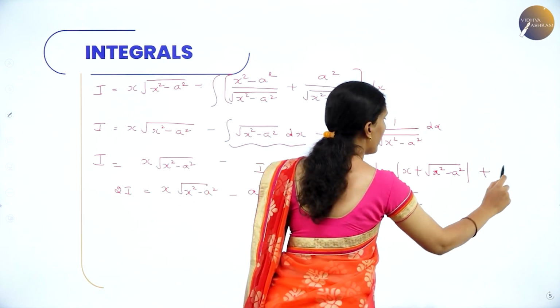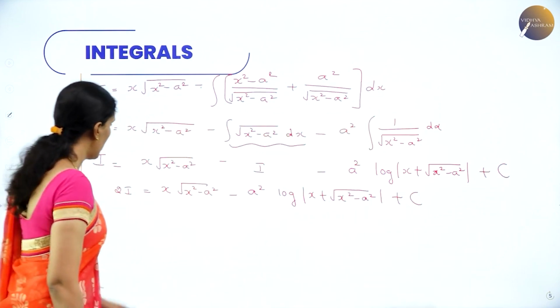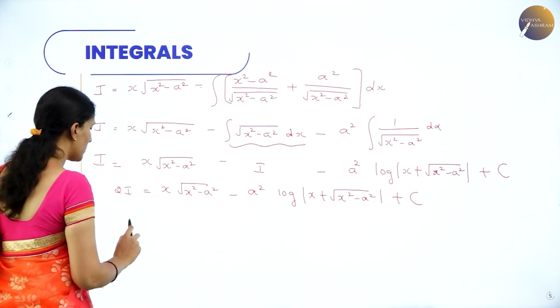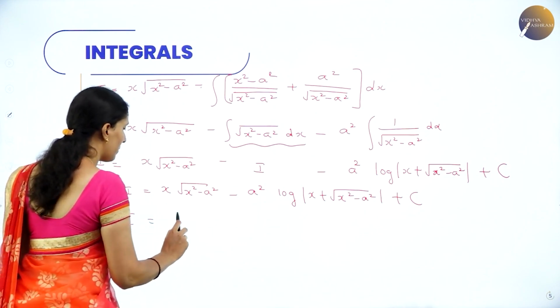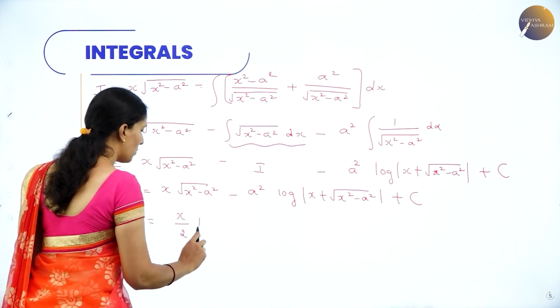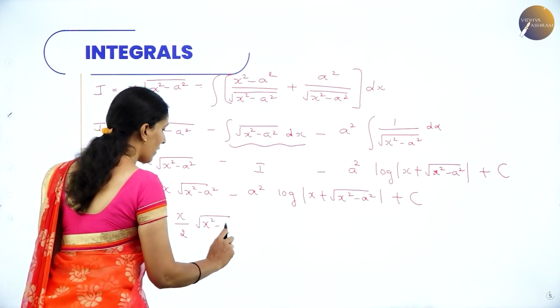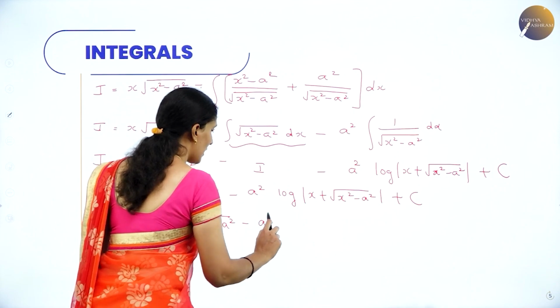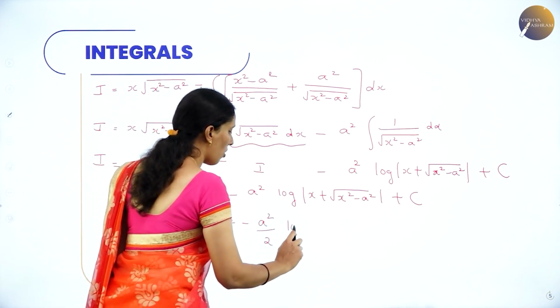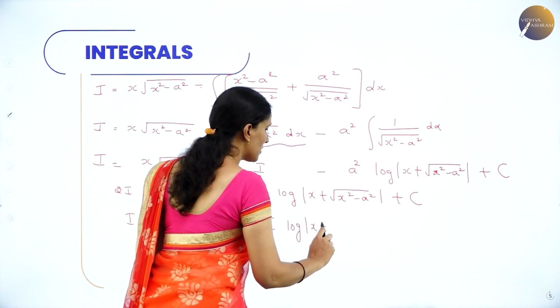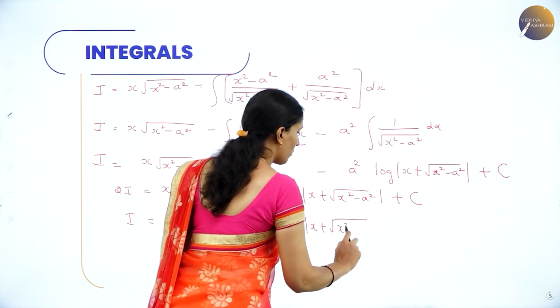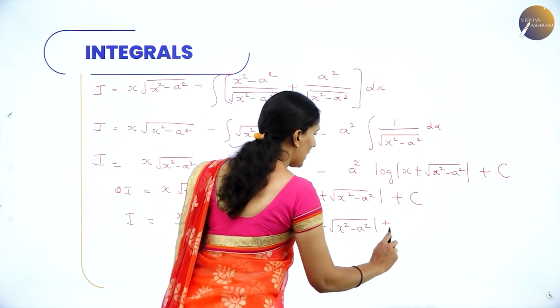So here also you can write plus integration constant. Now I need only I. So I is equal to x divided by 2 root of x square minus a square minus a square by 2 log of x plus root of x square minus a square plus c.